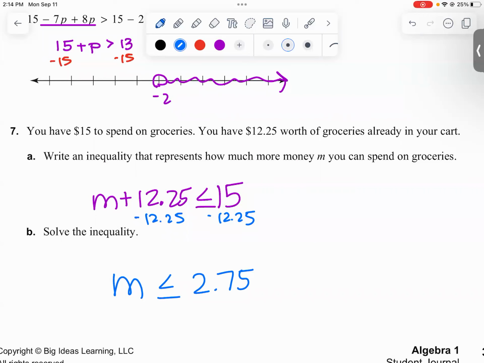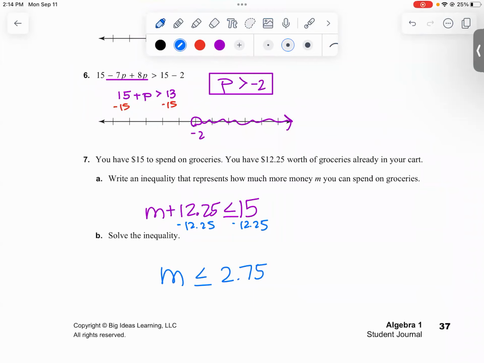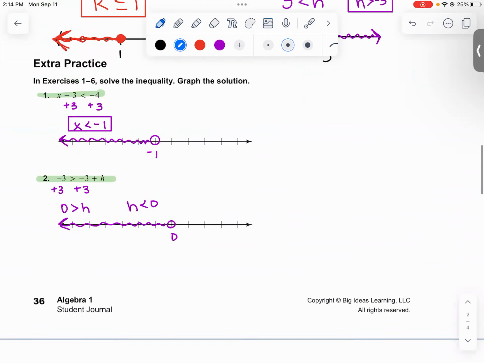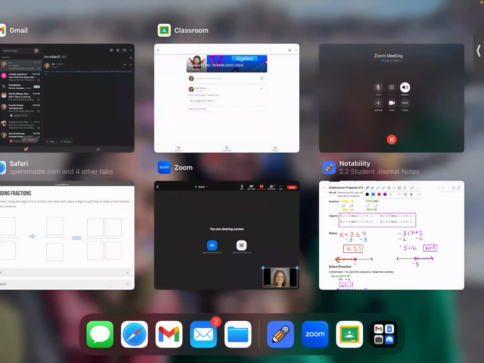Okay, so on the board. Turn to the next page.